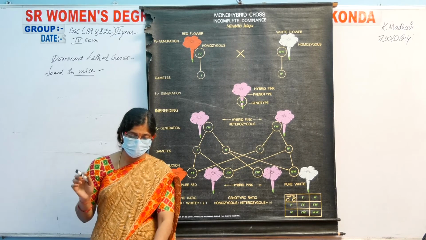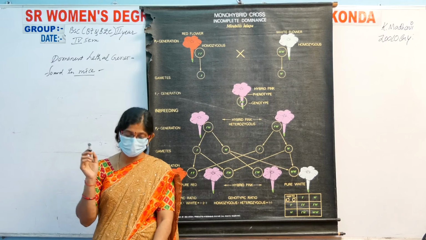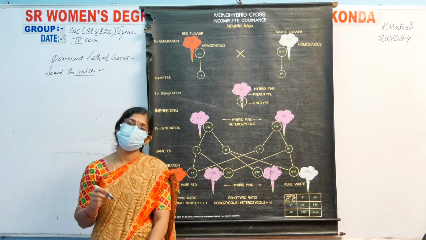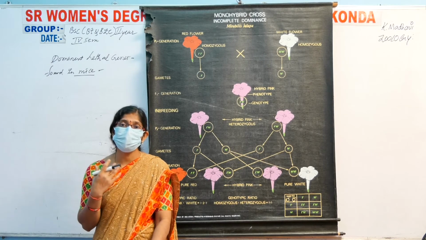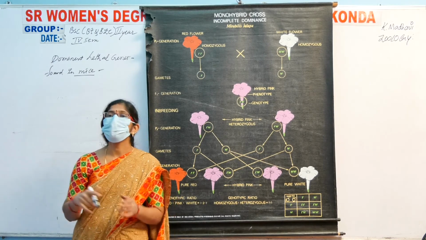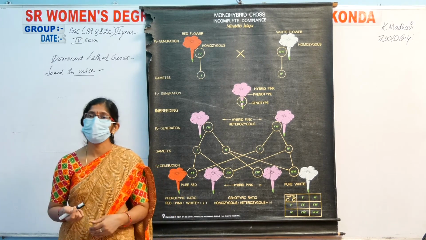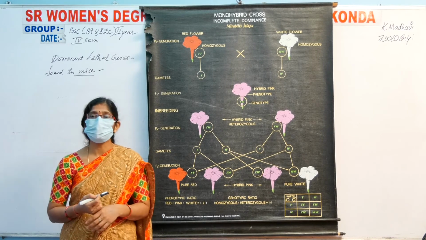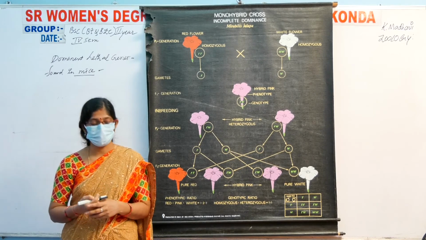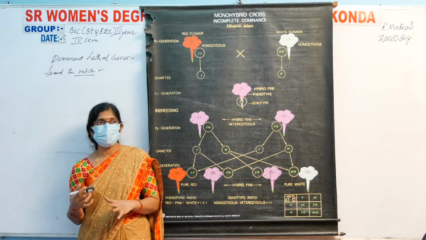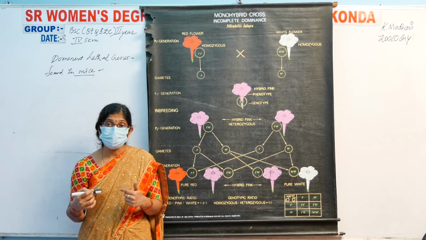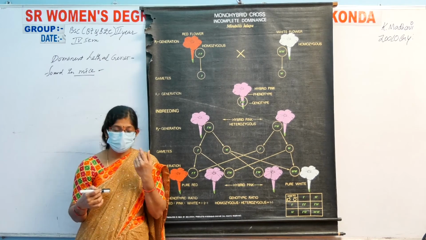Dominant lethal genes are found in mice, chicks, Drosophila, and also in some human beings. They cause many diseases. Prenatal and postnatal deaths occur due to these lethal genes. Here in mice, the scientist name is Cuenot.